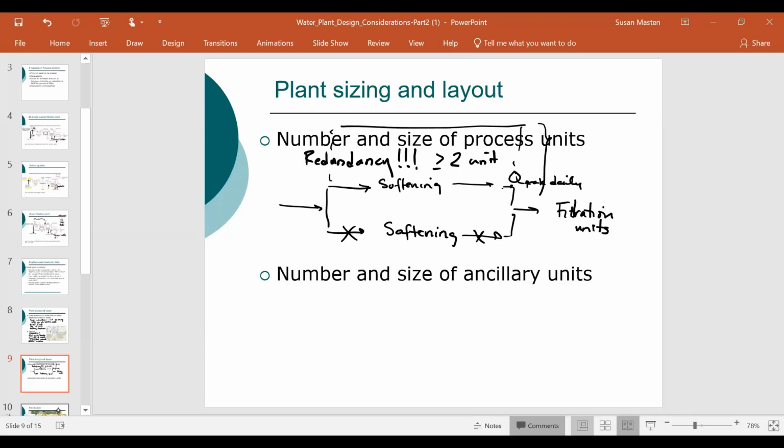So question, is it still legal to do without any treatment? And the answer is yes, if it is a groundwater supply that is not under the influence of surface water.